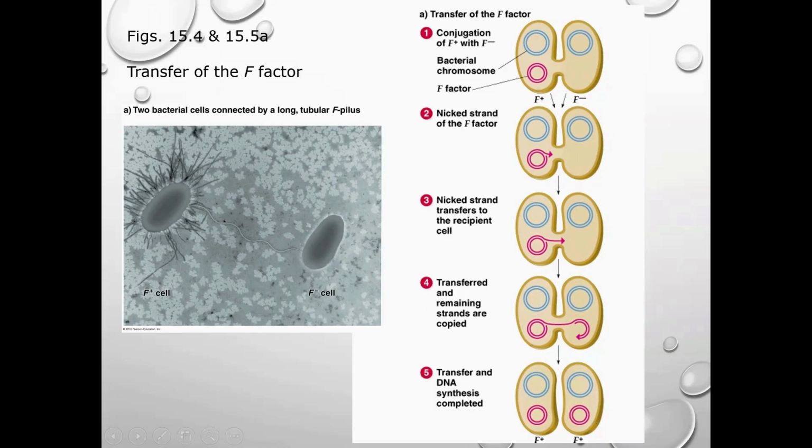This F plus cell always remains F plus. It never gets converted from F plus to F minus, because transfer of only one strand of the F plasmid takes place into the F minus cell. Always remember.